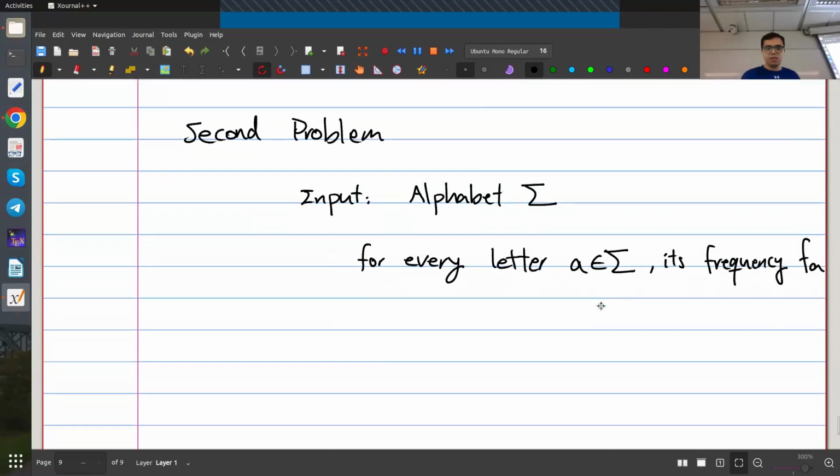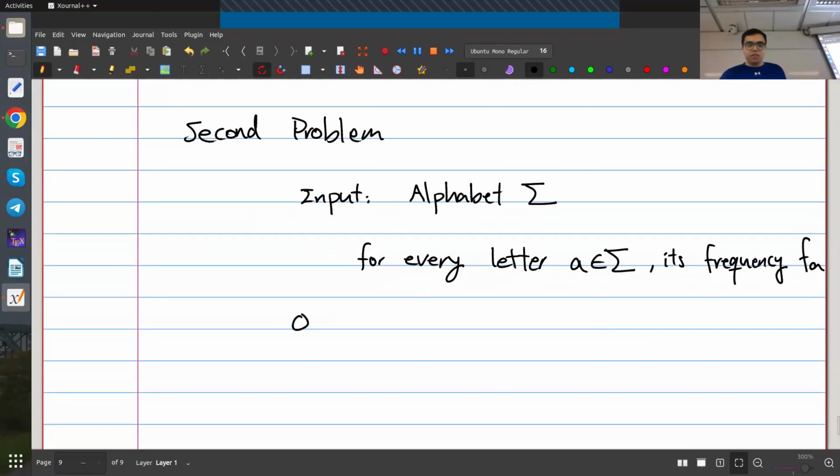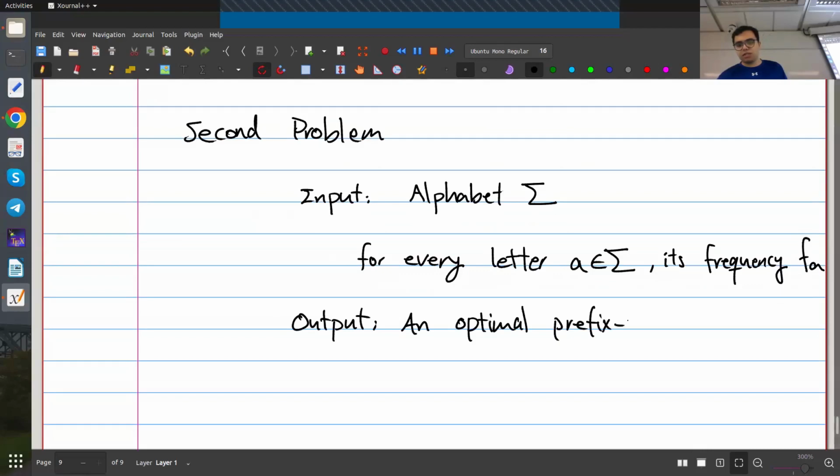Okay, this is the input. And as the output, I want an optimal prefix-free code. Okay, so you have to build the tree yourself, and you have to also assign each letter to one of the leaves of the tree.